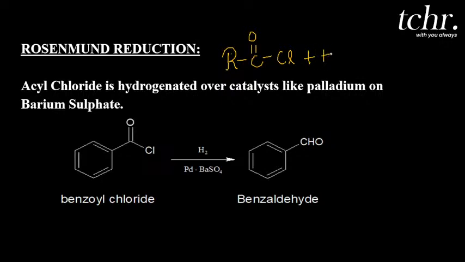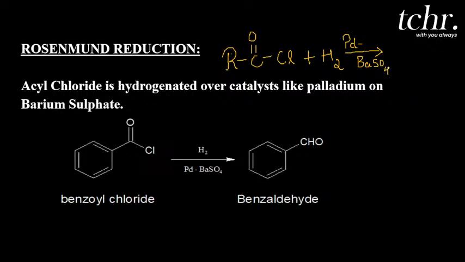Reduction is nothing but addition of hydrogen, right? So what I'm performing here is addition of hydrogen in the presence of palladium metal on barium sulfate, palladium on barium sulfate as a catalyst.